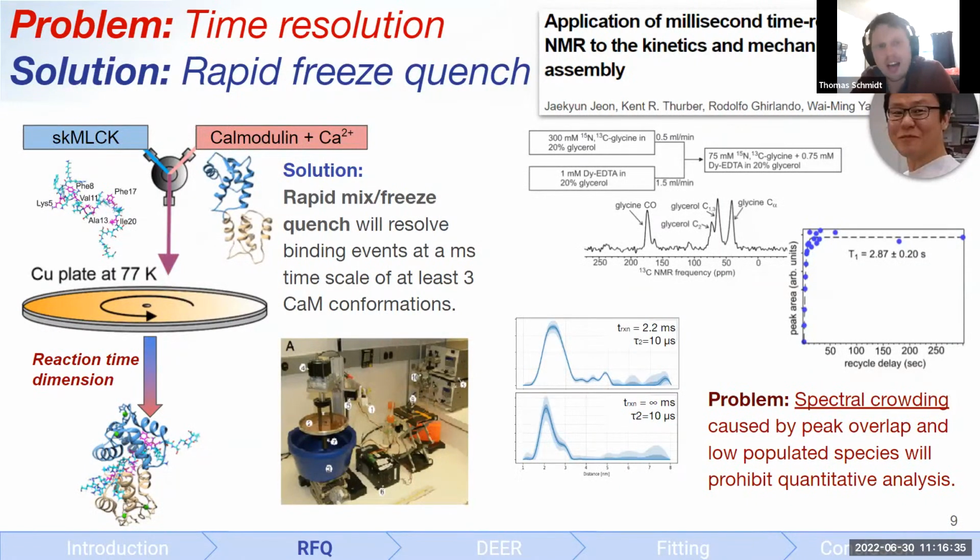Now I need to introduce another principle, and this is the rapid freeze quench system. In a rapid freeze quench system, which was pioneered by Ken Thurber, Ca2, Young, and the TICO group overall, we use a cold copper disc and rapidly mix two proteins. In our case, because we're going to work with calmodulin, we have calmodulin mixing with the substrate, which is MLCK.